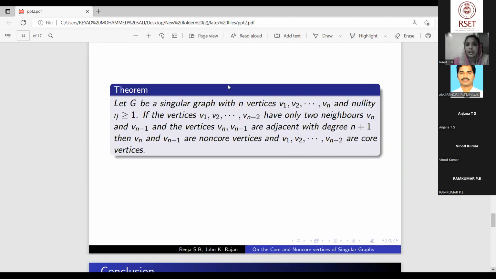Let G be a singular graph with n vertices V1, V2, etc., Vn and nullity eta greater than or equal to 1. If the vertices V1, V2, etc., Vn minus 2 have only two neighbors, Vn and Vn minus 1, and the vertices Vn, Vn minus 1 are adjacent with the degree n plus 1, then Vn and Vn minus 1 are non-core vertices, and V1, V2, etc., Vn minus 2 are core vertices.